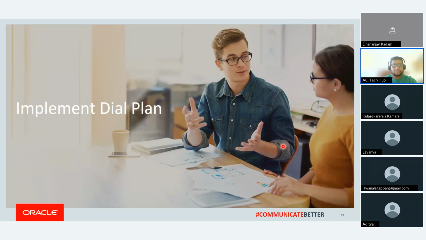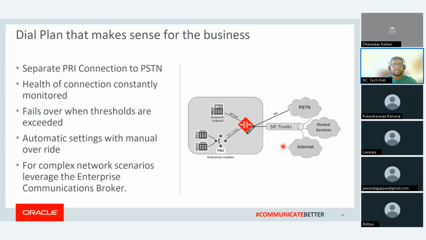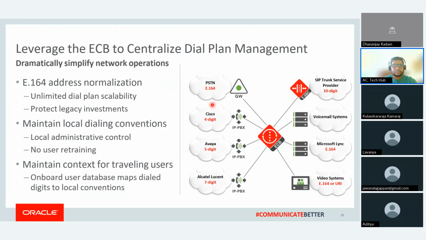Okay, let's move on to the dial plan. As I said initially, you can have this kind of connectivity where you can host any kind of legacy network to this SBC, and you run your business. I will just emphasize here: on this SBC, E.164 address normalization is required whenever you connect to the PSTN world.